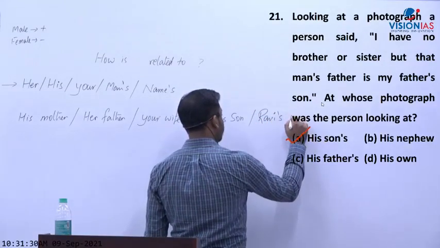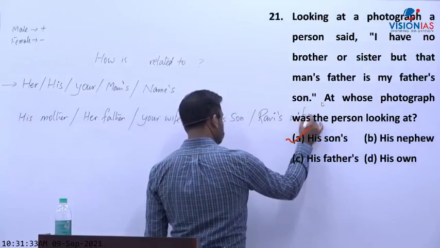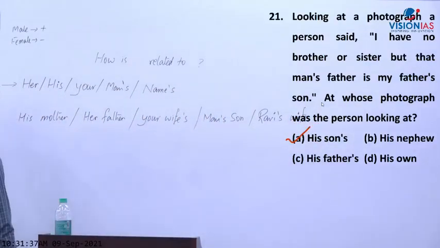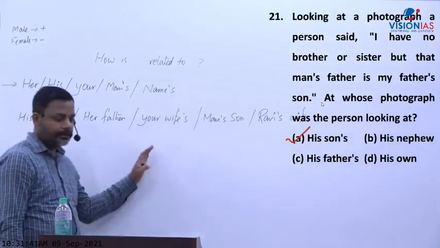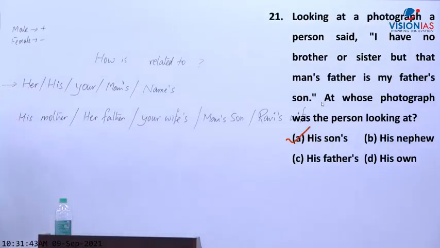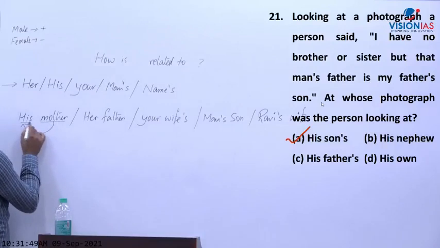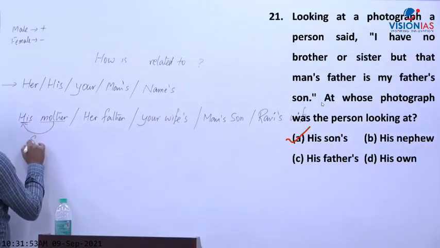Like Ravi's wife. When you get these kind of terms, we reverse the relationship attached with the term. For his mother, the man is son.